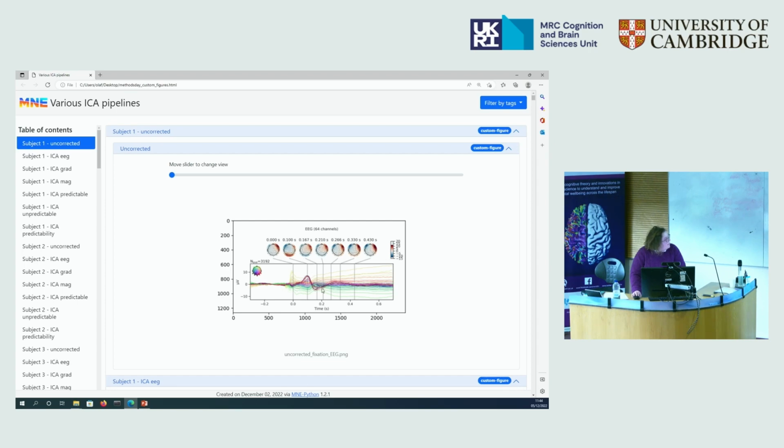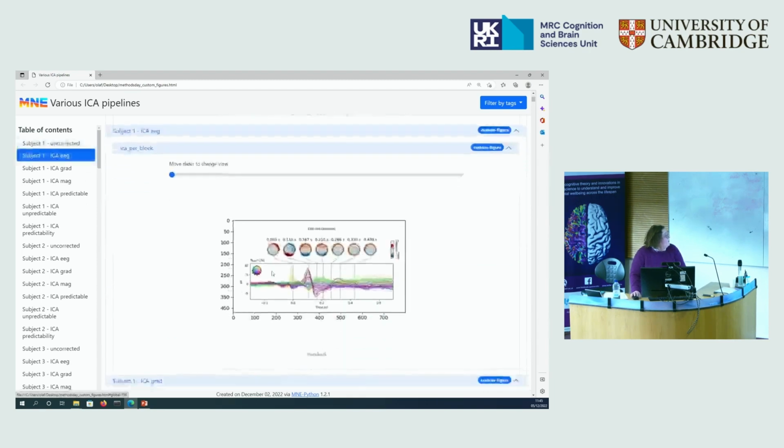This is a nice evoked response with a P1. However, there's still the corneoretinal dipole and the spike potential. And this is for EEG, which is the most affected by eye movements. And there's still noise in gradiometers and magnetometers.